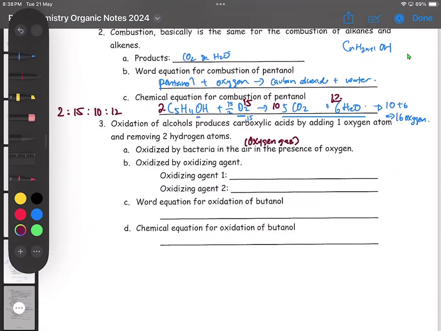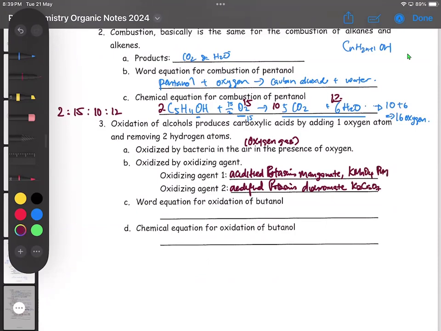The other two oxidizing agents that we use frequently are acidified potassium manganate, KMnO4, and dichromate, K2Cr2O7.